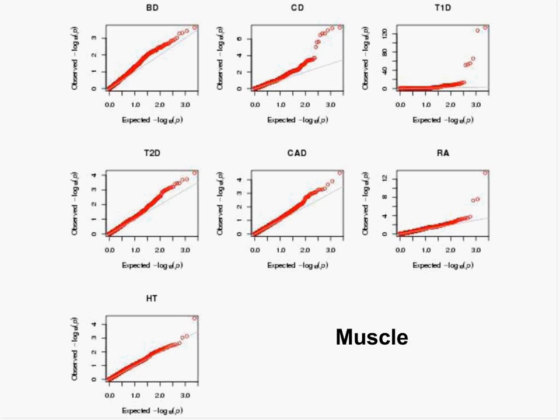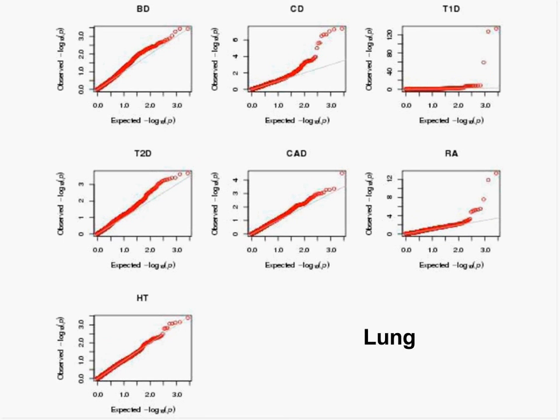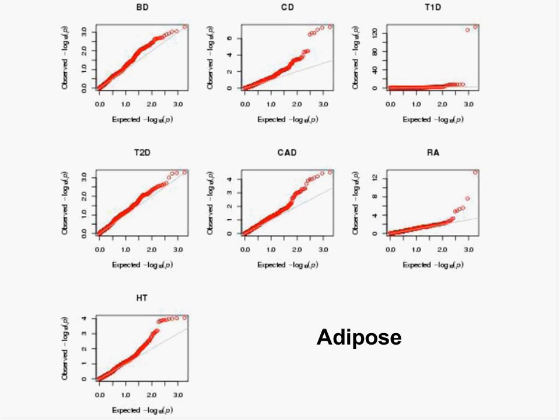Keep your eye on hypertension here at the very bottom phenotype as we go through the various tissues. In muscle, we see hypertension still pretty much on the null. Lung, still pretty much on the null.